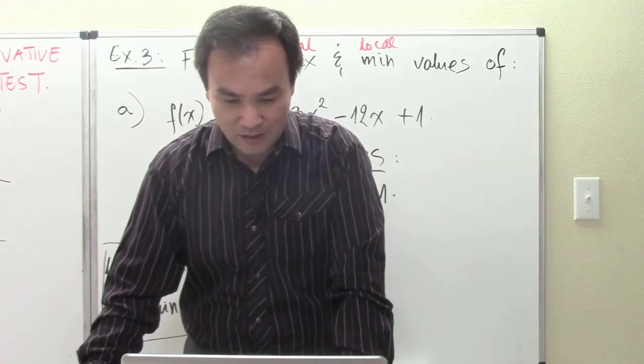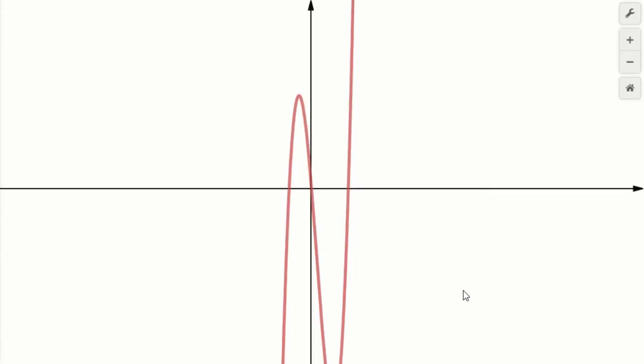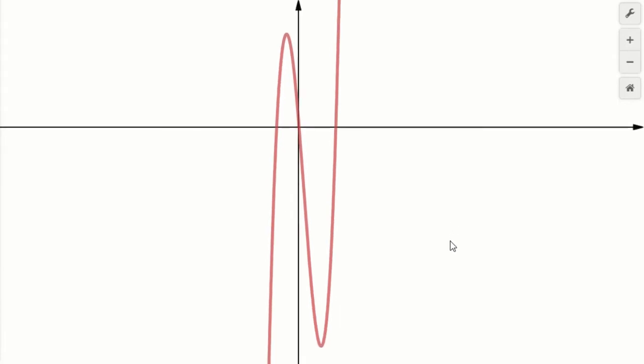So now on my computer screen, with the blank graph right now, this is going to be your function f of x. Ladies and gentlemen, this is the graph for 2x cubed minus 3x squared minus 12x plus 1. Just like how we found it, we found two critical values.